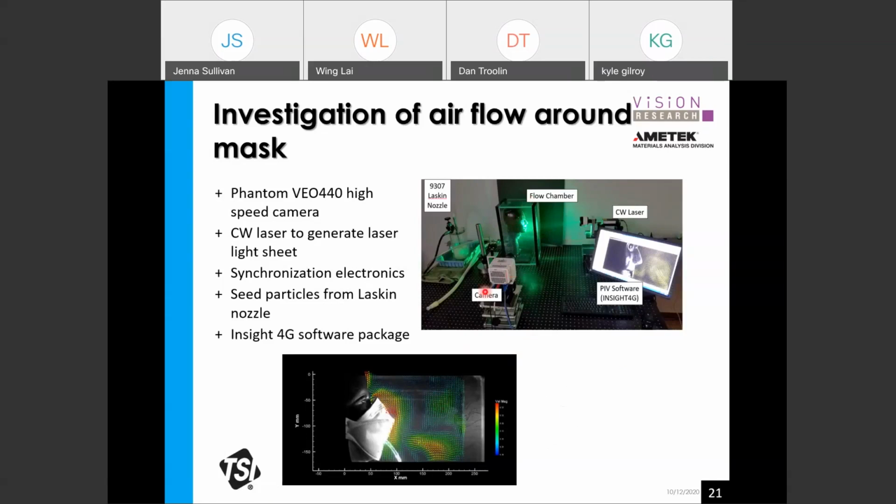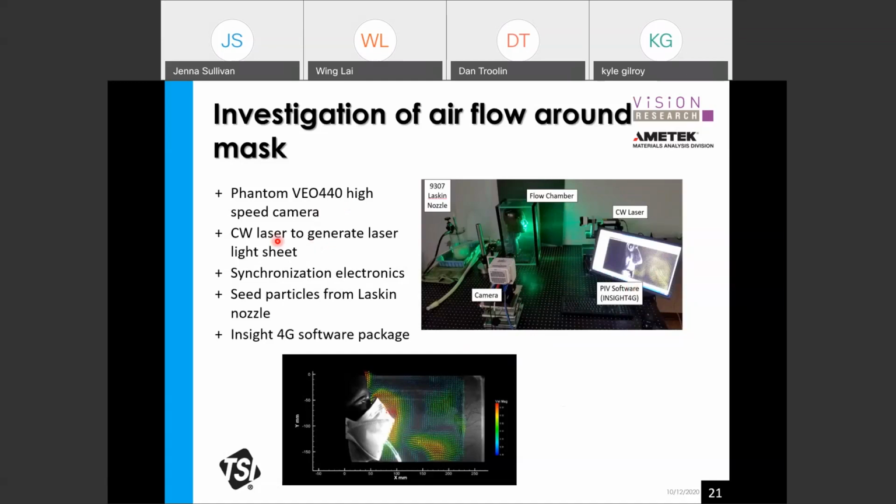The high-speed camera is located 90 degrees with respect to the laser light sheet to capture the images, and the images are fed into the computer for analysis. To give you a few more details, the Phantom VEO440 camera is used for this case because we want to capture high-speed images of the flow field.